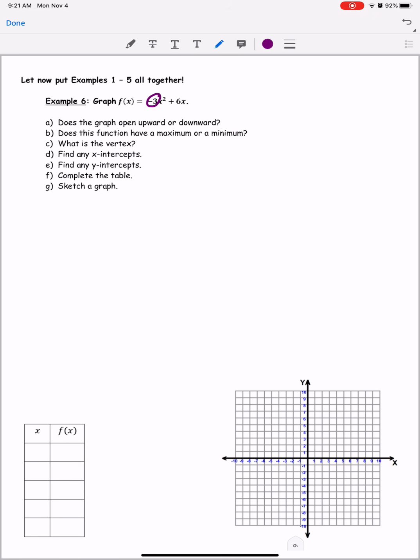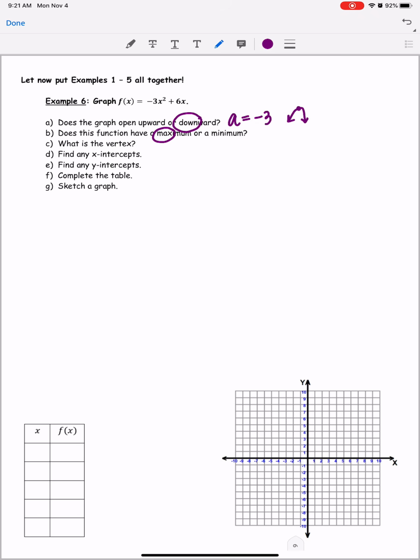Because this a is negative, it's going to open down. a equals -3. So because it is opening down like so, does this function have a max or a min? This has a max. Down and max go together, up and min go together. Okay, and its max is right here on that vertex.